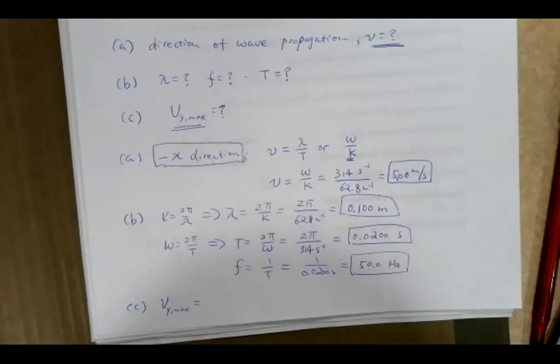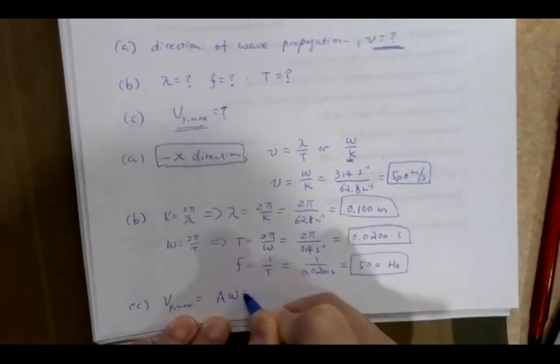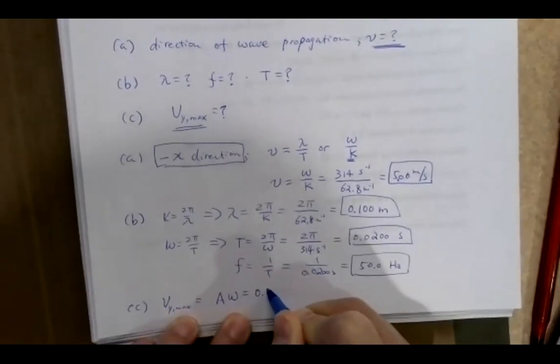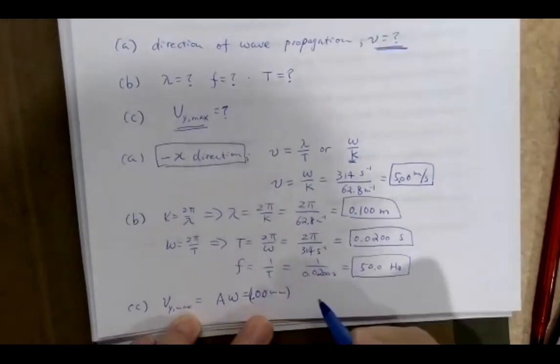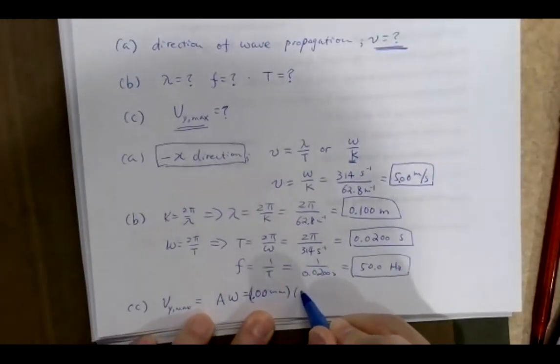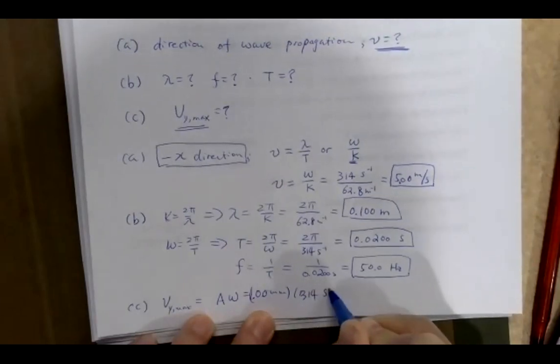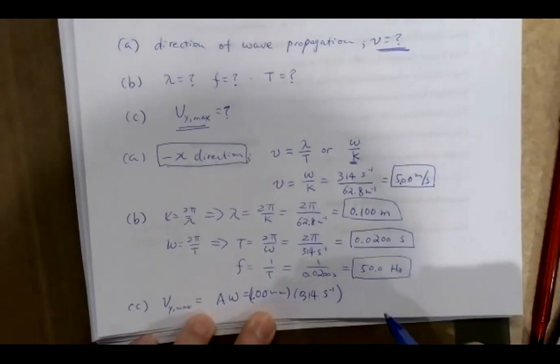So you'll be doing just A times omega for your Vy max, which is the maximum speed of any point on the string, which means the medium. Okay, so A times omega, A is 1.00 millimeter, times omega. Omega is given as 314 inverse seconds.